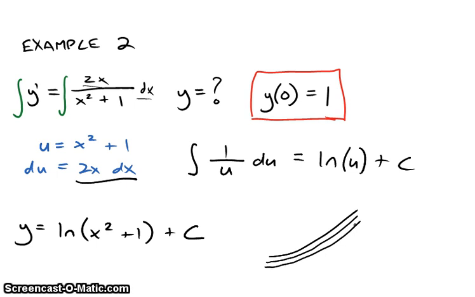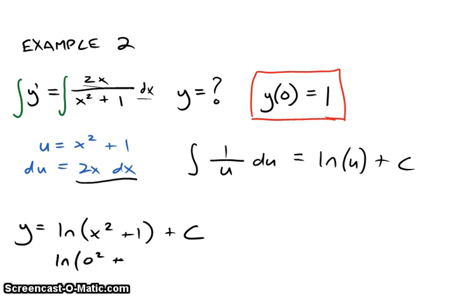Here's ln of x squared plus 1 plus negative 1, or whatever. You're going to get an infinite number of graphs. However, only one of them is going to go through the point (0, 1). Plug in a 0, get a 1. Only one of these is going to get the job done. So let's figure out what that one is. We need to be able to plug in a 0.